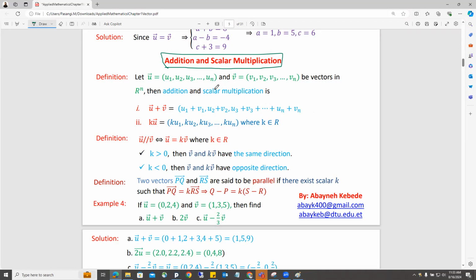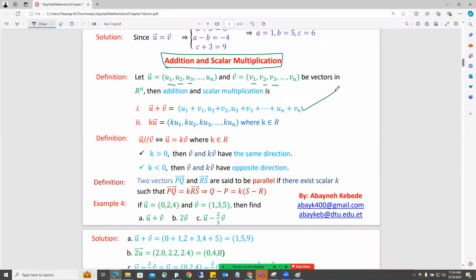We just need to add the respective values, right? u1 plus v1 and u2 plus v2 and u3 plus v3, likewise up until the nth space.